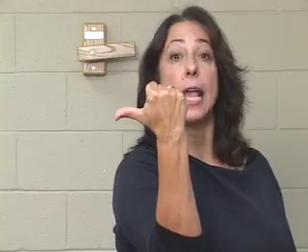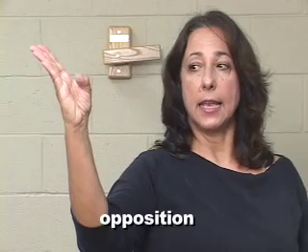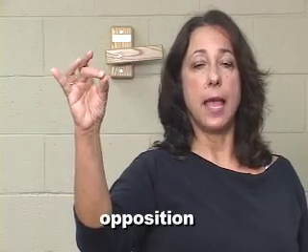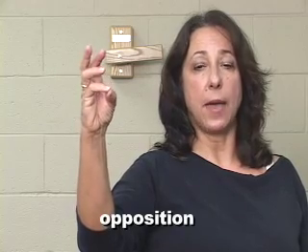With my thumb, I can extend, I can abduct, and hopefully you can see the difference. Extension is like what I would do if I was hitchhiking, and abduction would be away from my palm. I can also flex my thumb and extend it, and I can do opposition with my thumb. So that's what gives me my ability to pinch and to have a power grasp.